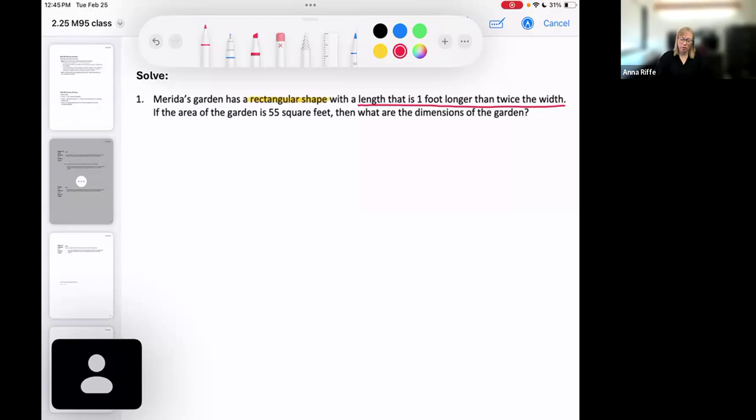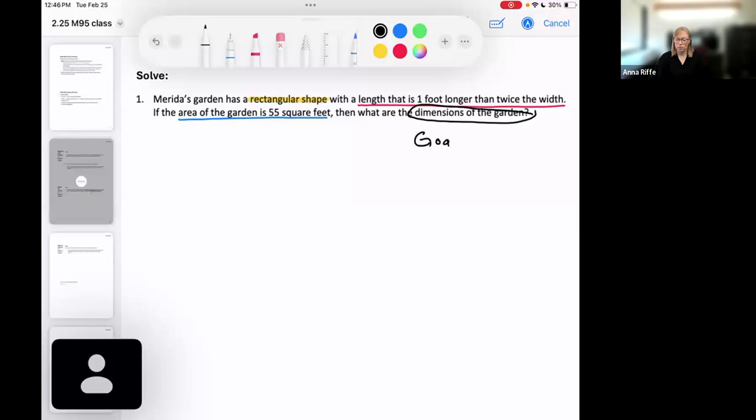We are told that the area of the garden is 55 square feet. So we're given some information about the geometry, about the area of the garden. And then we're asked this question: what are the dimensions of the garden? So what are the length and the width?